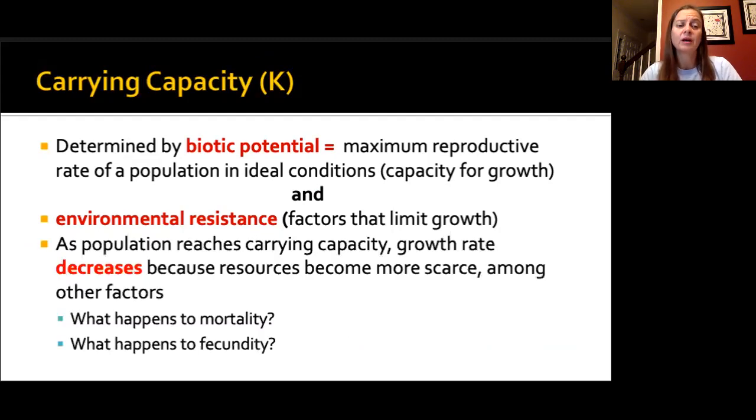As a population approaches carrying capacity, growth rate is going to decrease because as resources become more scarce, mortality is going to increase. The number of offspring per reproductive cycle is going to decrease because there's less energy available to create offspring. And so as a population reaches carrying capacity, growth rate is going to decrease.